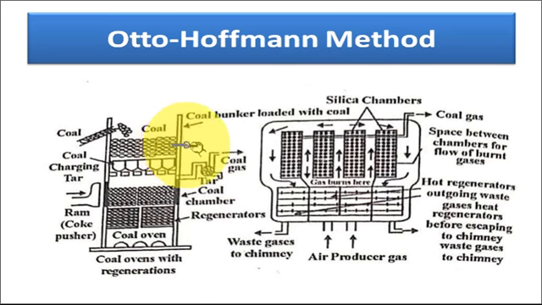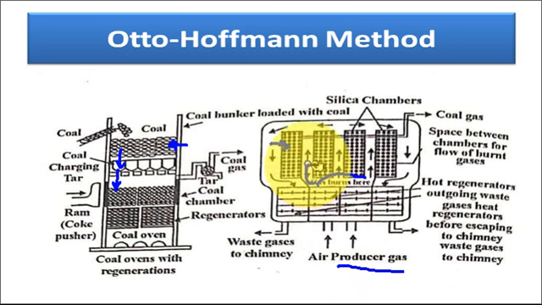There are coal bunkers which can store a large amount of coal. The coal bunkers are connected with the coal charging tower. This coal charging tower is connected with the silica chambers in the oven part. These silica chambers are interconnected, airtight chambers in which coal is burned. To increase the temperature of the oven part, the producer gas is used. This producer gas burns in this part and releases energy.